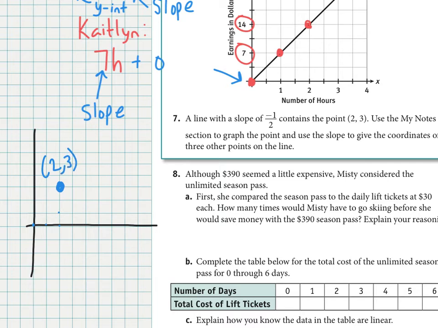Okay, and they're telling us the slope is -1/2. So if we remember, slope measures the change in y over the change in x. So the numerator is going to be the change in y. Remember, we can use a little triangle for change in. It's a Greek letter delta. So the change in y is down 1, since it's -1.